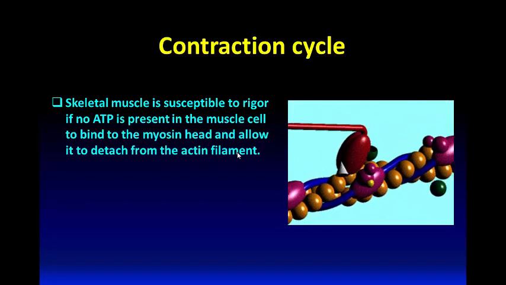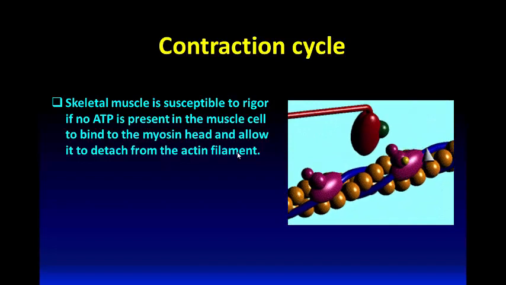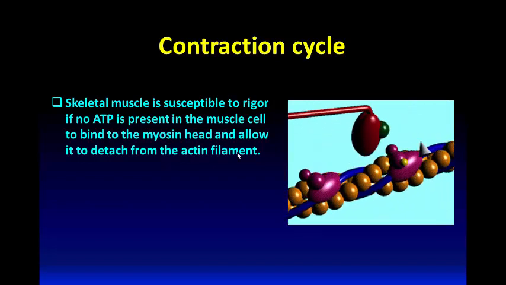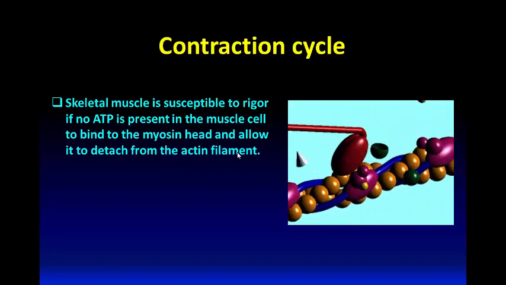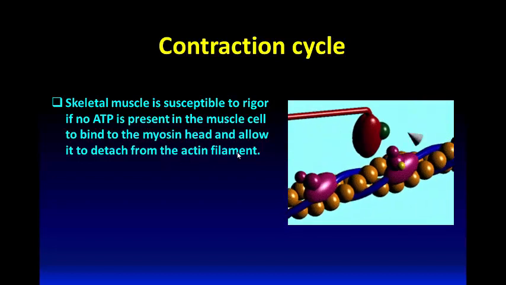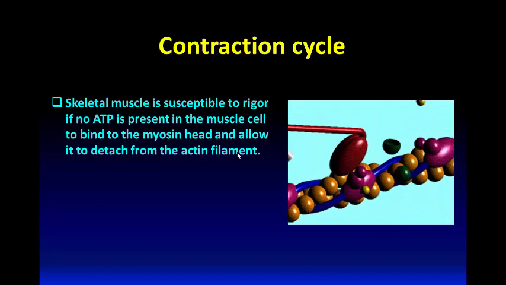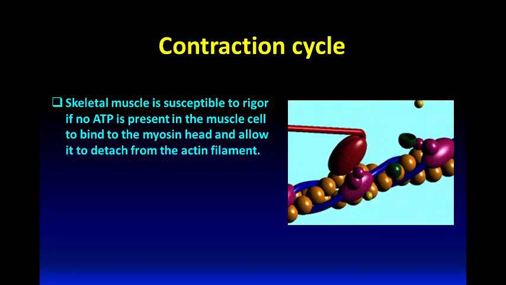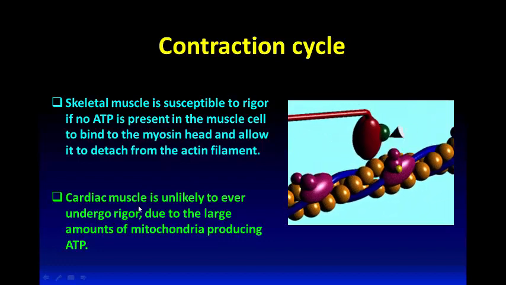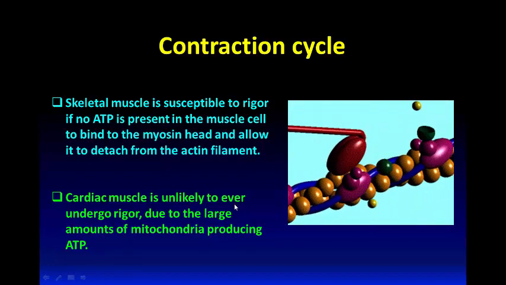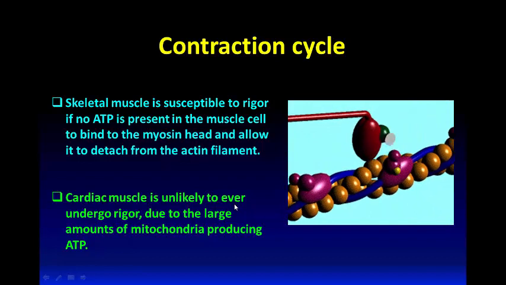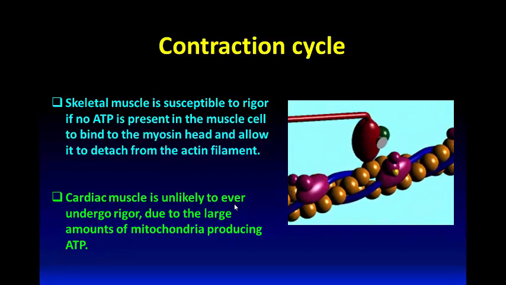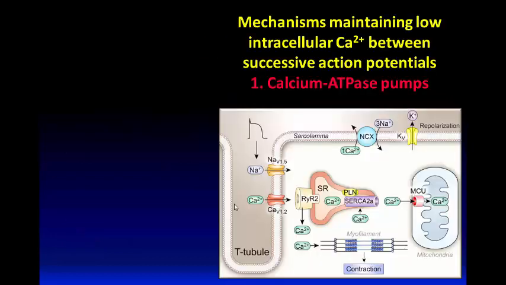When adenosine triphosphate is not present, the myosin globular heads are not detached from their binding sites on the actin molecules, and the fiber undergoes rigor. Cardiac muscle cells are unlikely to ever undergo rigor because they have large amounts of mitochondria which produce a continuous supply of adenosine triphosphate.